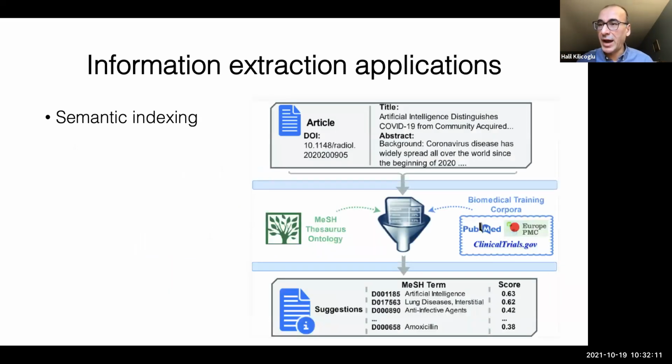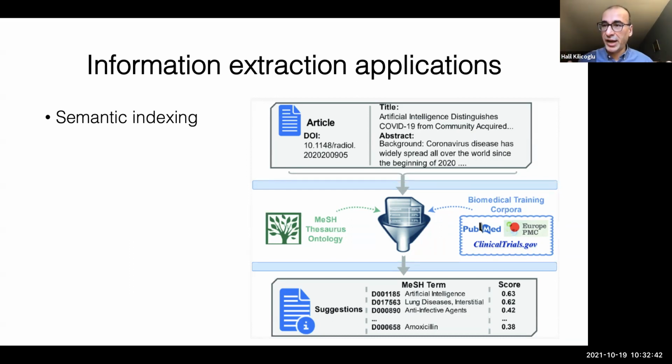For example, one of the applications of named entity recognition and relation extraction would be semantic indexing of scientific publications, doing that automatically. Normally, librarians spend a lot of time manually indexing things, but here it's automated from the words and phrases in the sentences of the article.